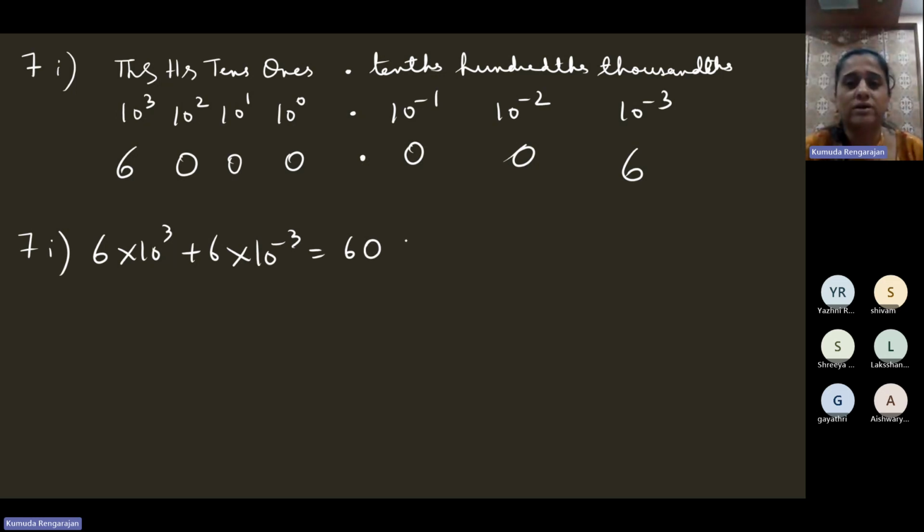Then 10 to the power 1, there's nothing, put a 0. After that, 10 to the power 0, there is no digit there, so put a 0. Then decimal point. Then comes the place 10 to the power minus 1, there's nothing. 10 to the power minus 2, nothing. 10 to the power minus 3, 6. That's all. You can just write it like this.